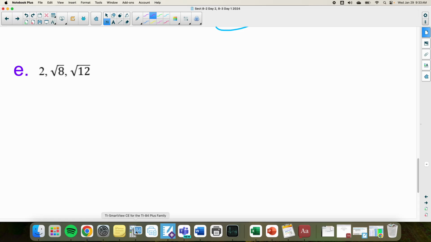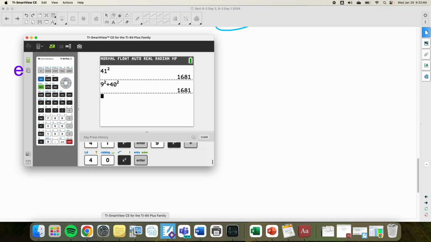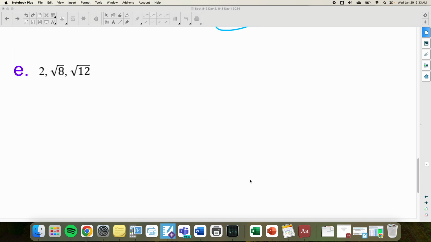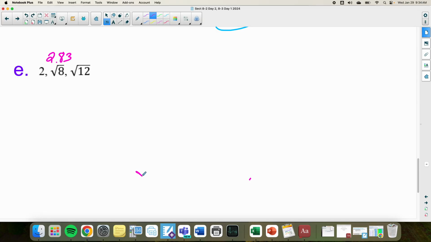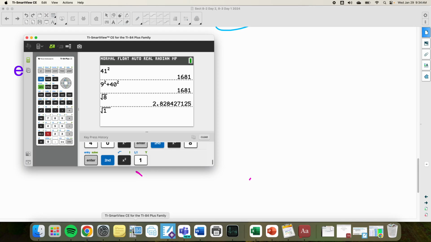You can't use that number going forward in the problem, but if you took the square root of 8, it's approximately 2.83, so I'm gonna just write that above it, okay? Then I'm gonna take the square root of 14, whoops. Square root of, was it 13 or 12? Sorry.